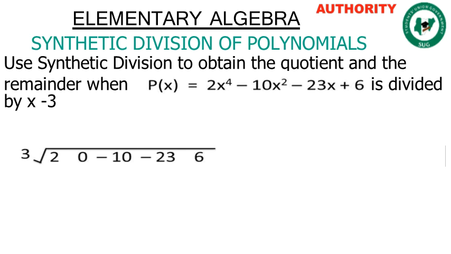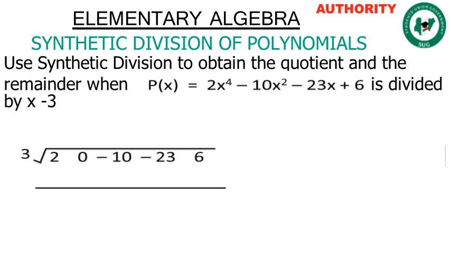So we have x equal to 3. We are going to use 3 as our divisor in our long division sign. Now let's arrange it. We draw our long division sign, put 3 outside, and then the coefficients as our dividend inside the division sign. You can see the arrangement.